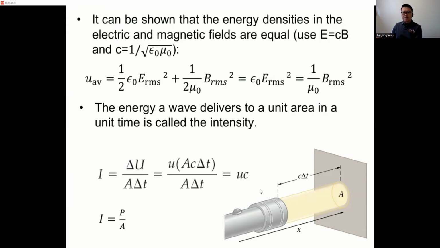Let's say this EMF light travels for delta T. Then it's the total energy of this volume of light, so volume times energy density, divided by area times delta T. The A cancels, the delta T cancels, and it just gives you energy density times the speed of light. Or if we look at delta U over delta T, that gives you power, so it can also be power over area. Either of these two expressions gives you the intensity.